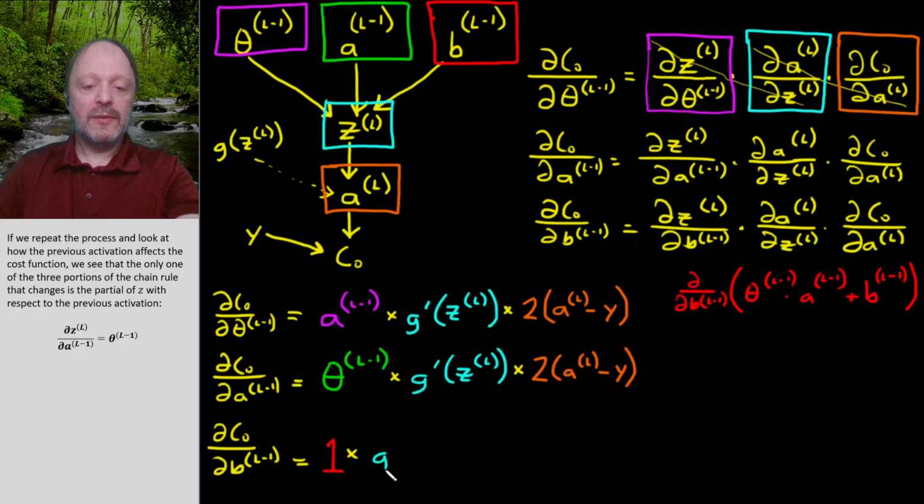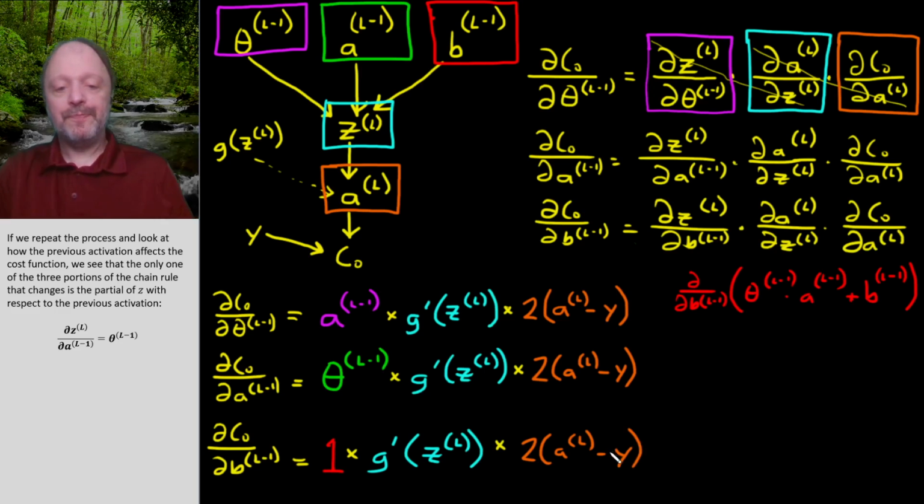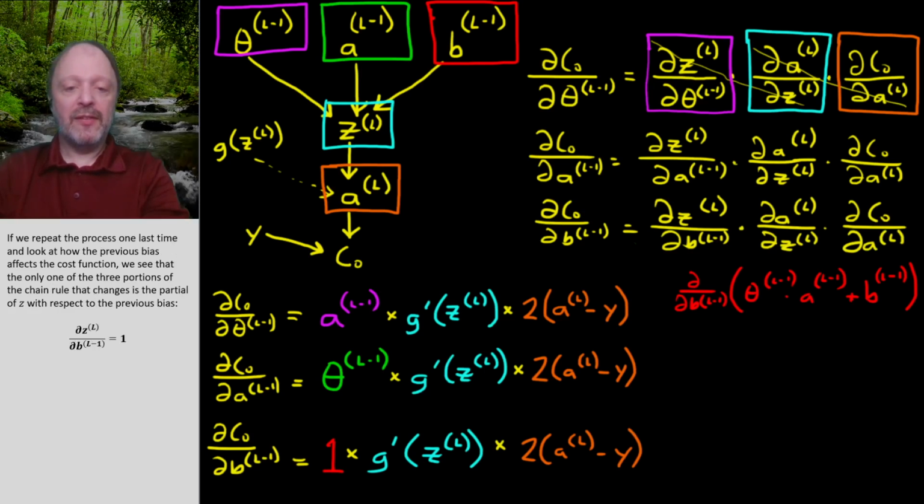So G prime, and then 2AL minus Y. All right. Now, that's a lot, right? So if we've gone through the one, that's what we have here. All righty.